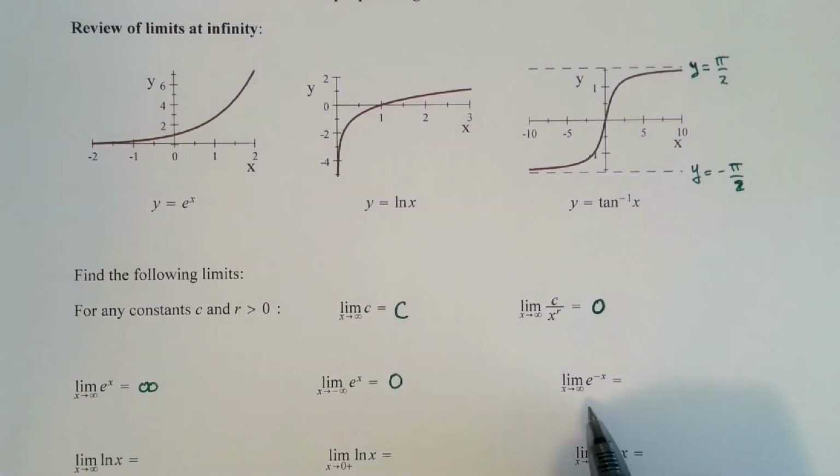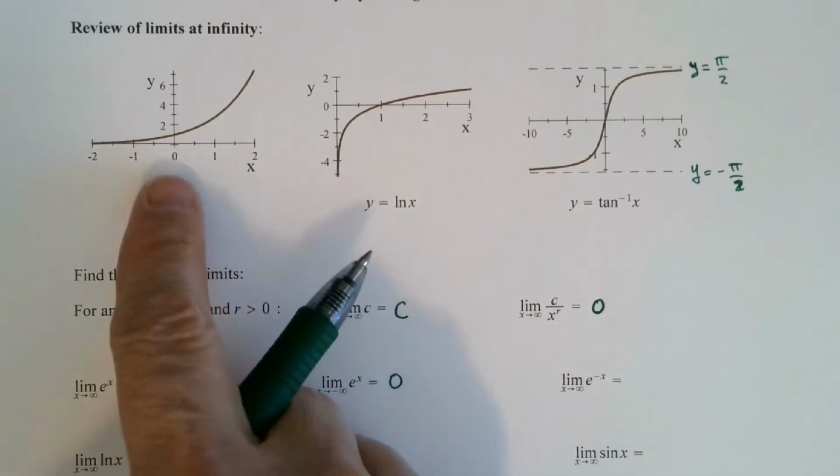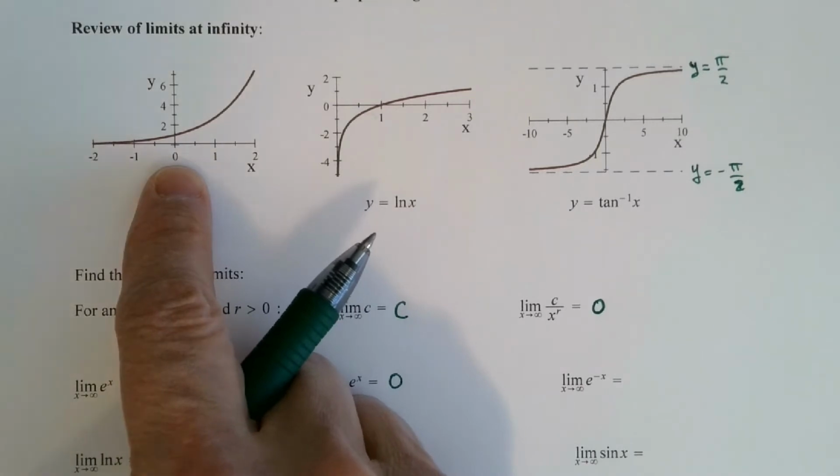What about the limit as x goes to infinity of e to the negative x? You should think about, what does the graph of e to the negative x look like? A couple ways you can think about that. I've replaced x with negative x. Does everyone know what happens to the graph when I replace x with negative x? It's going to be a reflection in the y-axis.